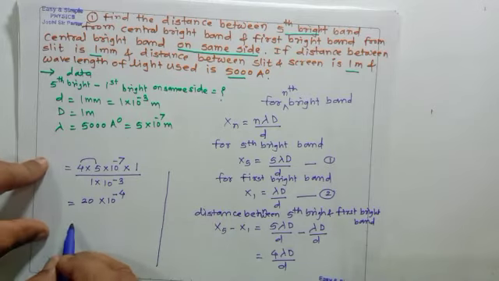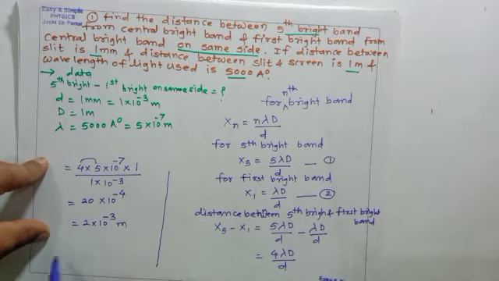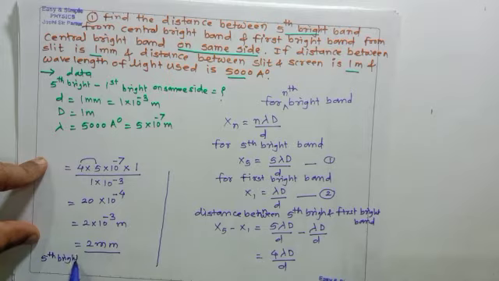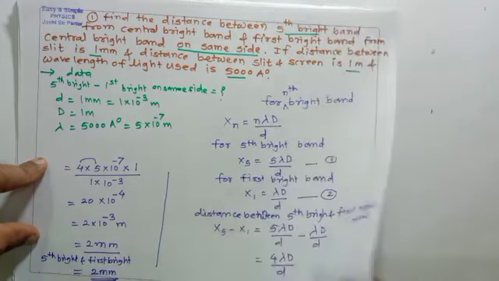So here 2 into 10 to the power minus 3 meter, or it will be 2 millimeter. So distance between fifth bright band and first bright band on same side of central bright band will be 2 mm. That is the answer for given question.